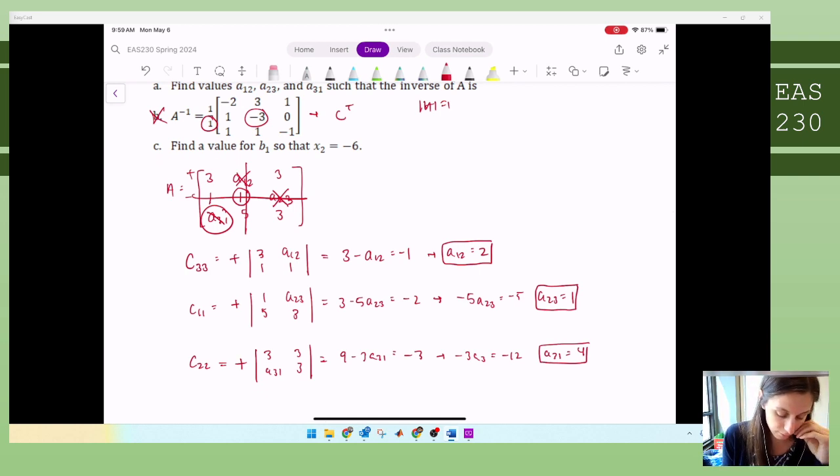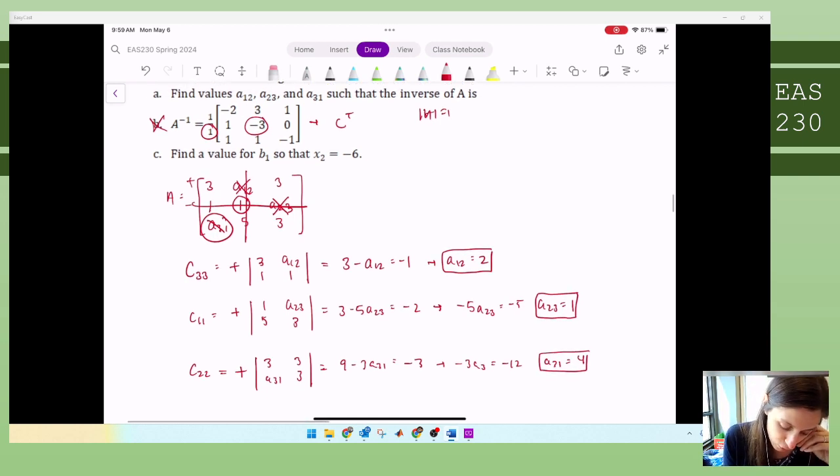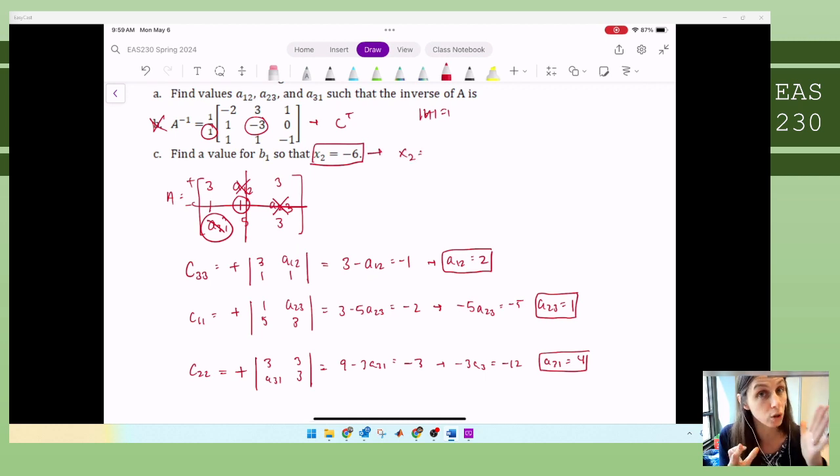Then it says find a value for b1 so that x2 is negative 6. According to Cramer's rule, if we're only looking at one individual x value at a time, x2 is the determinant of A2 over the determinant of A. We already know the determinant of A is 1, so I need to find the determinant of A2.